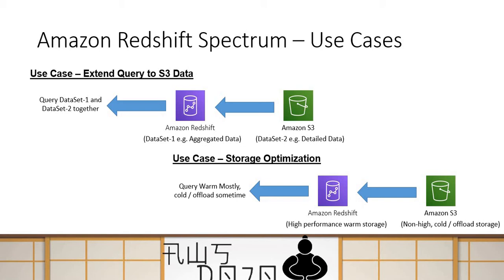Now with RA3, you can segregate them, but I will keep that topic for some other time. So your Redshift compute and storage come together. We're talking about DC2, DC or DS instances.